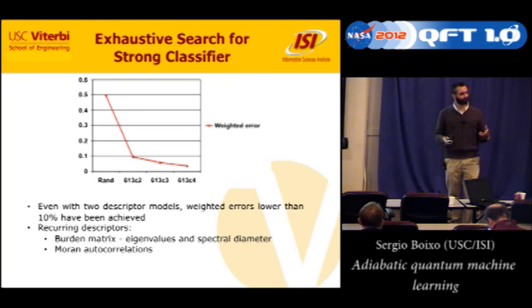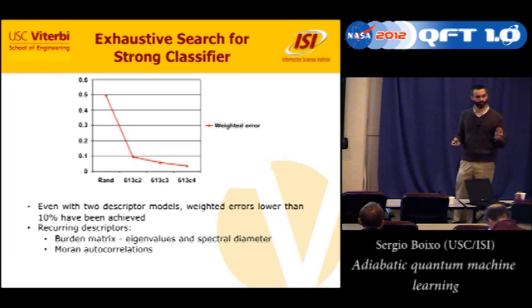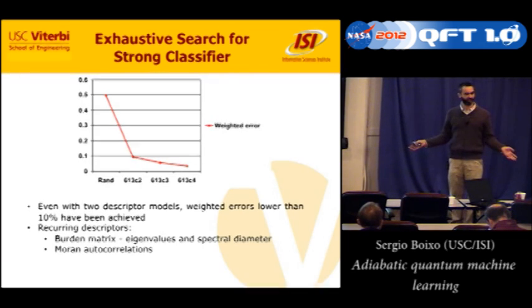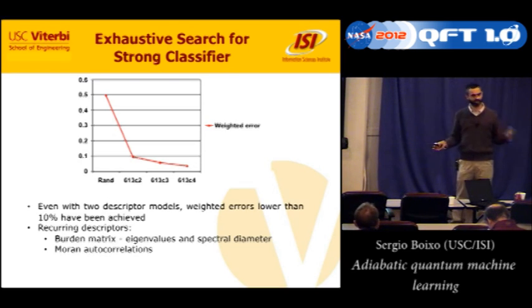Because we're looking for strong classifiers with very few descriptors, we can look at all the strong classifiers with 4 descriptors and see what kind of errors we get, to see if there is a classifier that is extremely good using only 4 descriptors. We can do that with an exhaustive search, and we get about 10% errors.